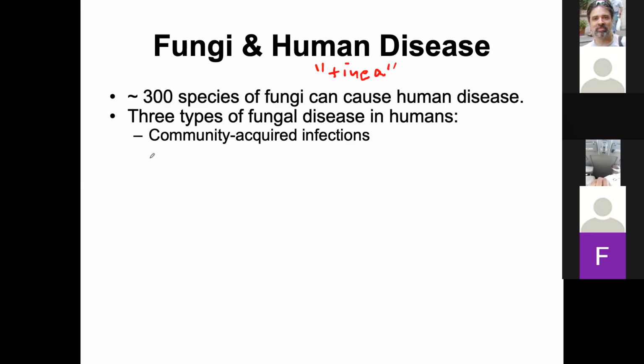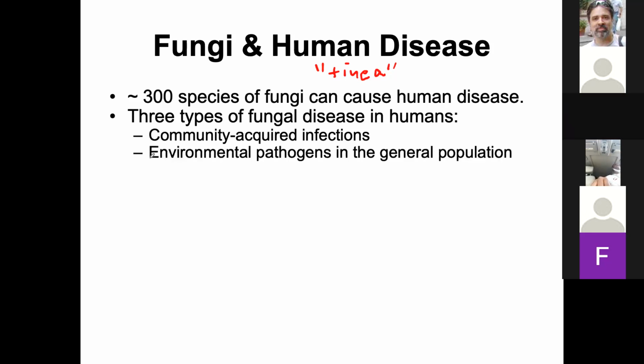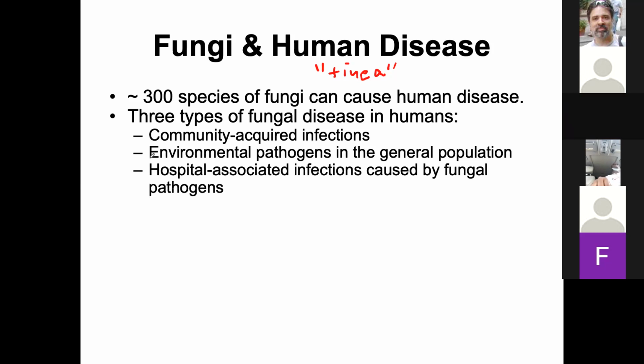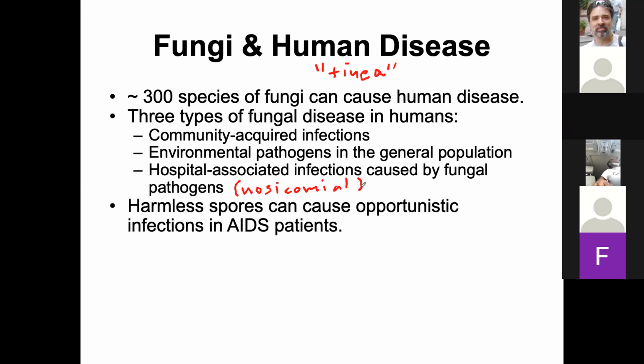You can get them in a community setting. You can get them as environmental pathogens, and you can get them as nosocomial infections. Nosocomial means in a clinical setting, right? Harmless spores can also make opportunistic infections in an AIDS patient.